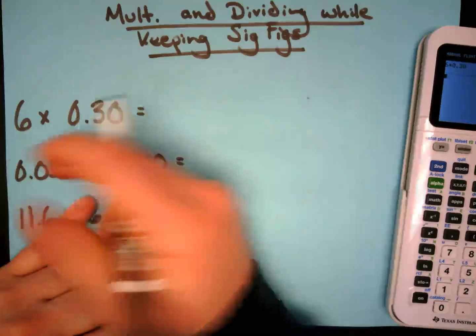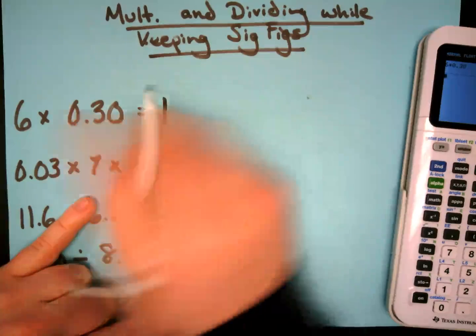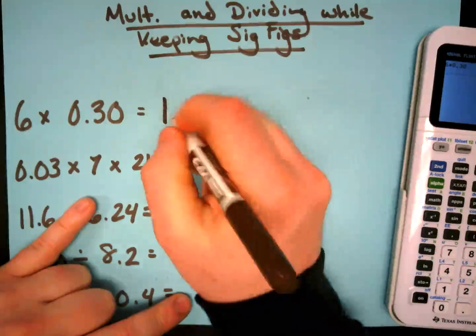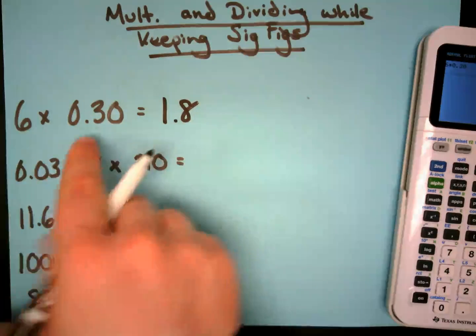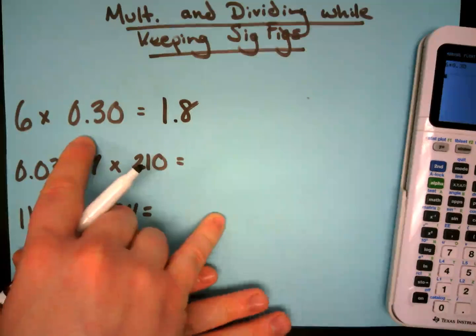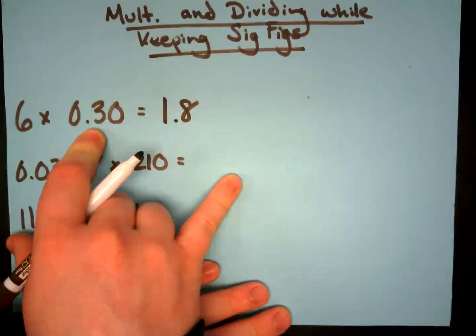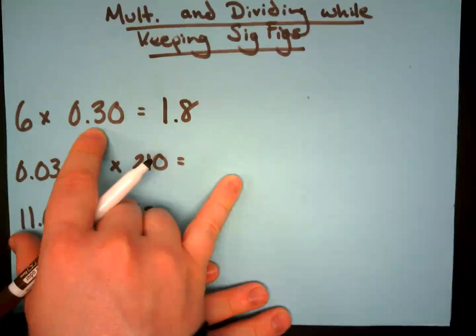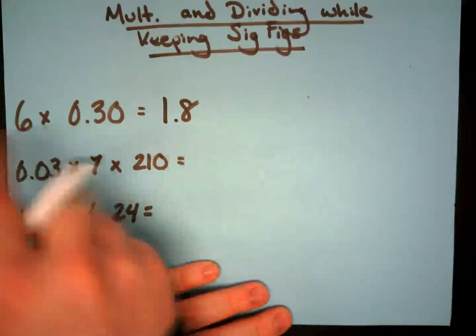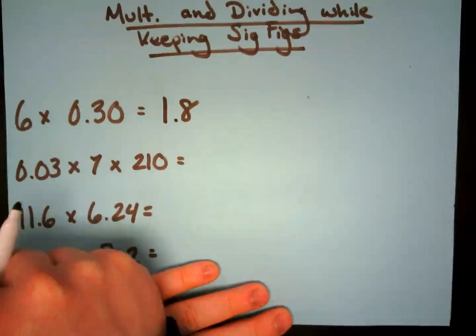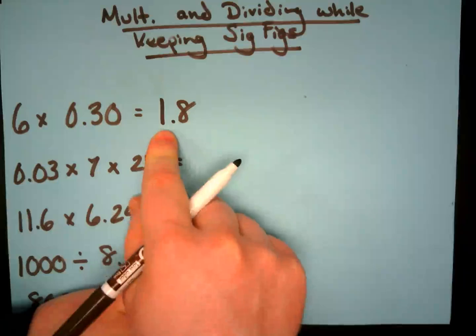So here we're going to have 6 times 0.30 is going to be 1.8. However, I need to make sure I know what I'm doing here in order to write down the correct answer. This 0.30 has 2 sig figs, but my 6 here only has 1 sig fig. So my answer cannot be 1.8.